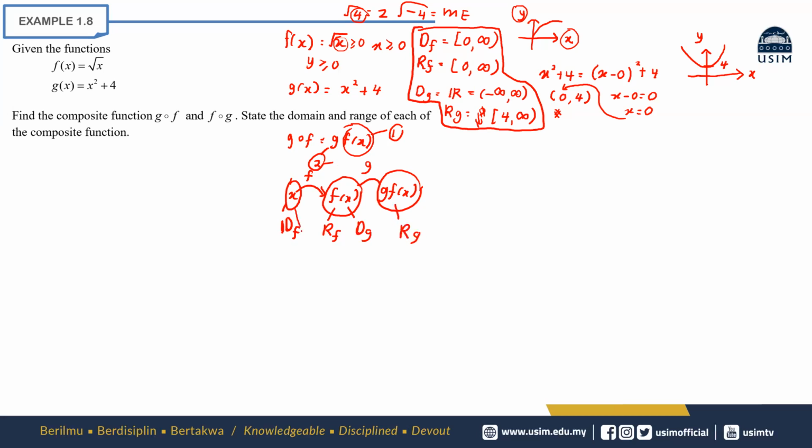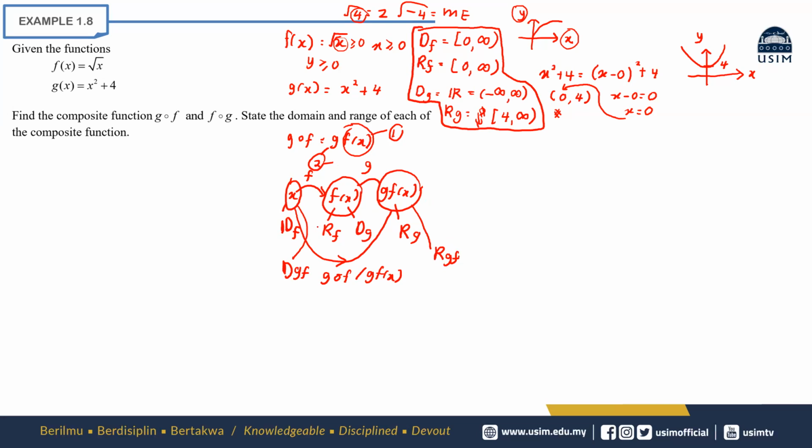From here to here, this is g compose f, or g(f(x)). And this is the domain of gf, and this is the range of gf, or g compose f.